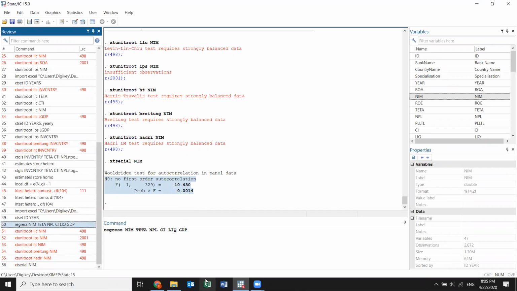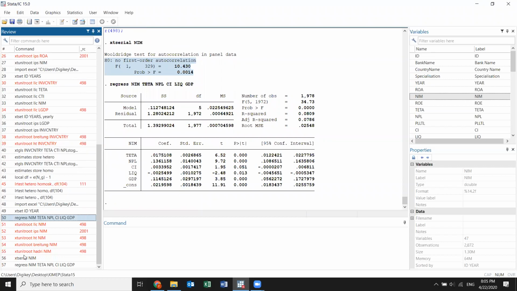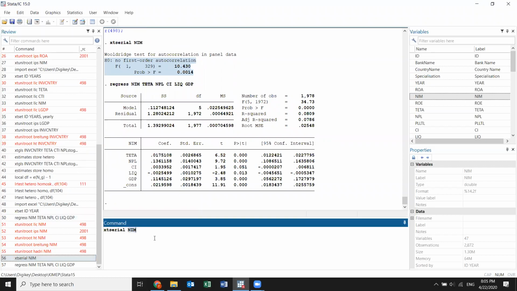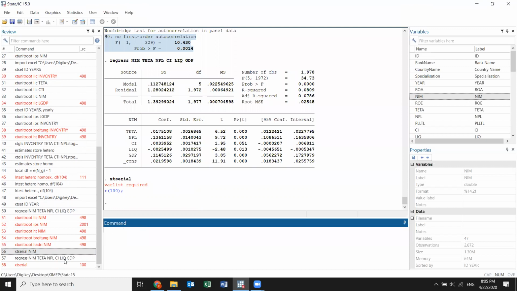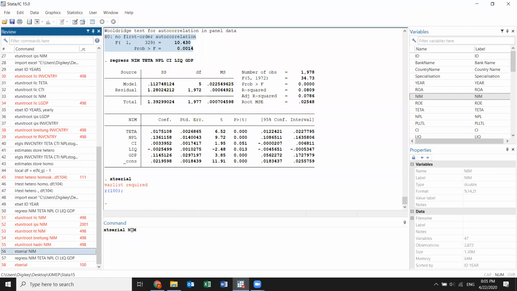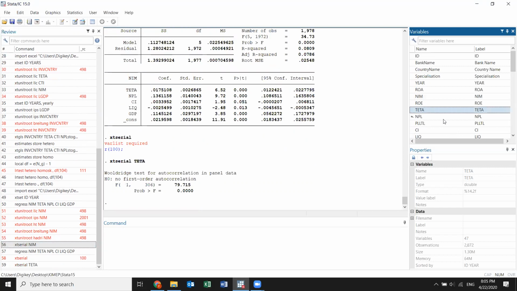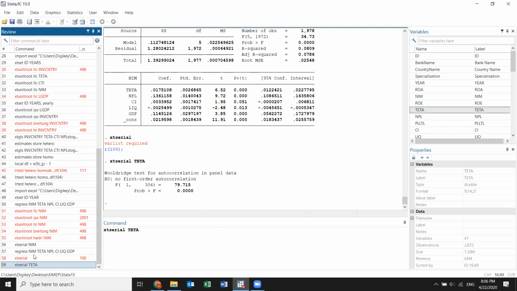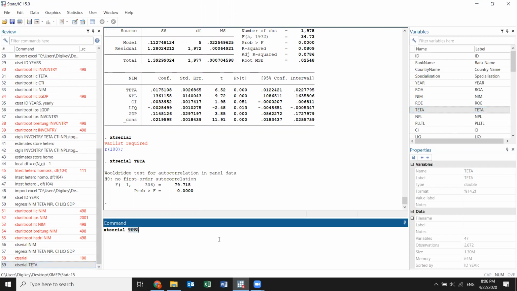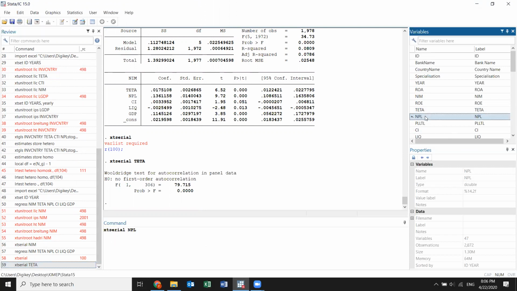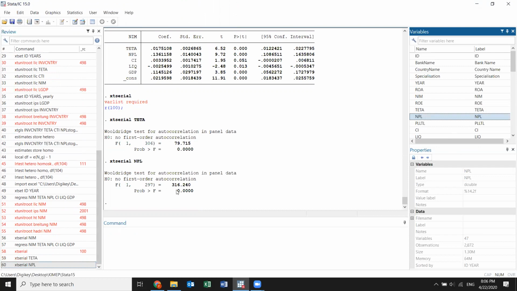Where is regression? We're gonna test with theta. Autocorrelation here as well. The unit root test. So autocorrelation, serial correlation. So we checked it for NPL. Same is significance.